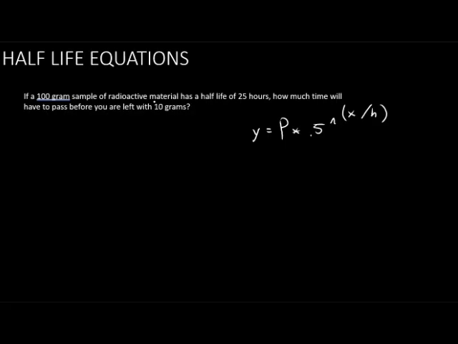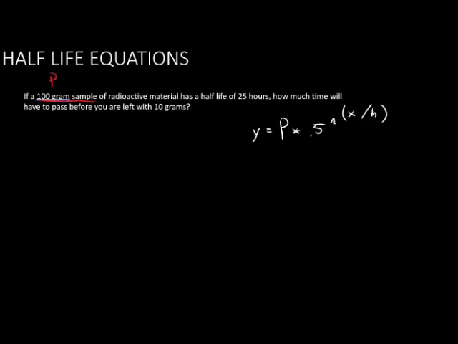We start again with a 100-gram sample of radioactive material with the half-life of 25 hours, and we are asked to find how much time will have to pass before you are left with 10 grams. As we did in the previous video, let's write down what we know. We start with a 100-gram sample.